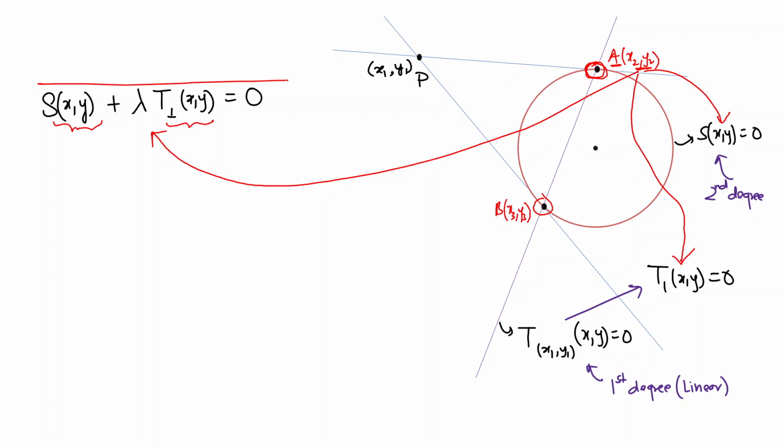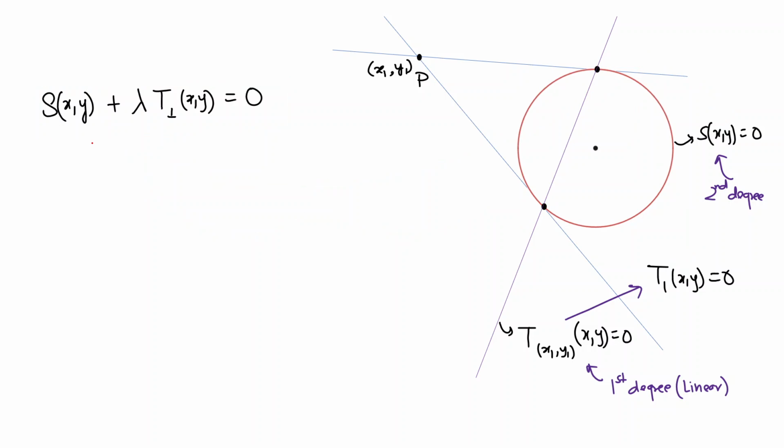So this equation is satisfied by point A and similarly also point B. So this is the equation of some curve which is passing through A and B for sure. And this is a second degree equation once again, because this is second degree and this is linear, so eventually it is a second degree equation, so it could be a second degree curve, right?